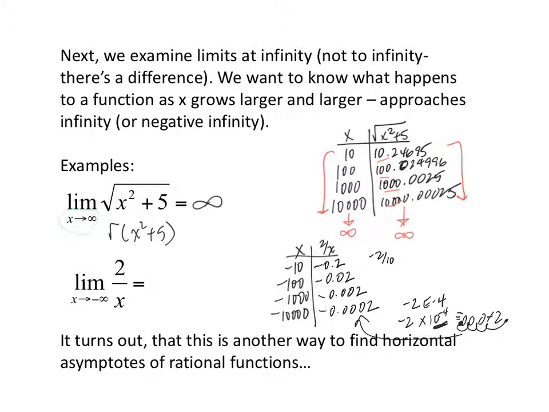Okay, so again, we take a look at, as the sequence of inputs approaches negative infinity, what's happening to the sequence of outputs, right? Even if we don't pay attention too much to the negative signs, they're getting smaller and smaller, right? Negative 2/10, negative 2 100ths, negative 2 1,000ths, negative 2 10,000ths. So this is actually approaching 0.